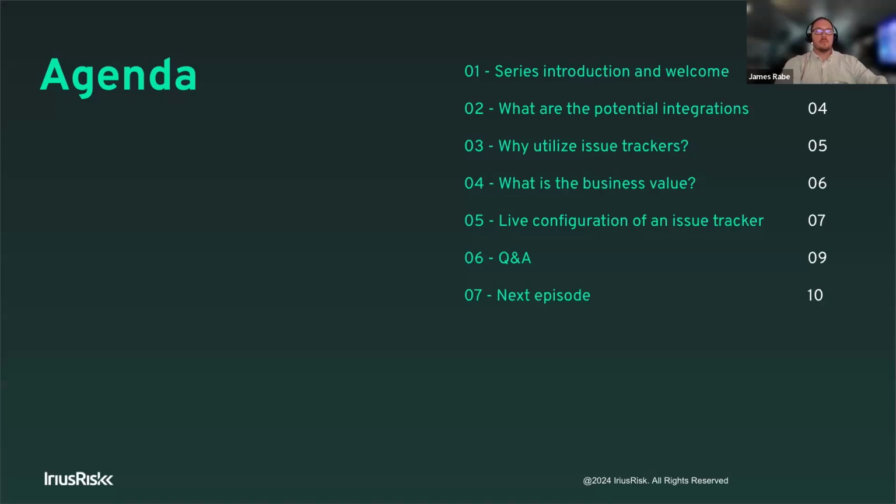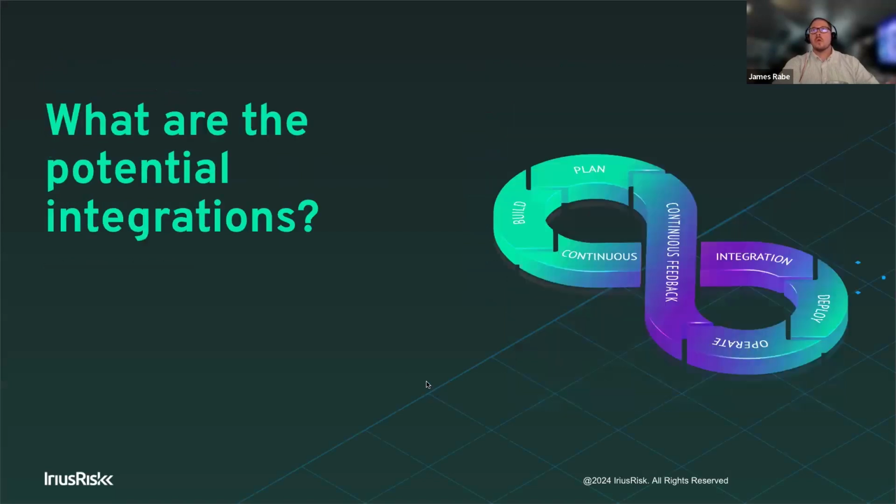Absolutely. Let's get started. Thanks, Claire. All right. As we talk through some of the many integrations we're going to cover in this series, today is going to be focused squarely on issue trackers. Threat modeling is primarily design phase activities.